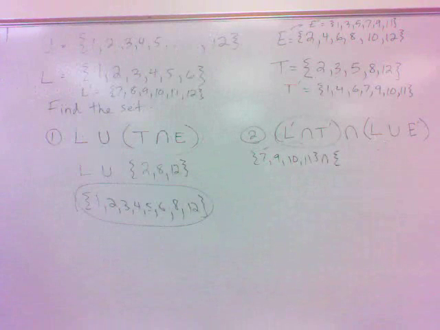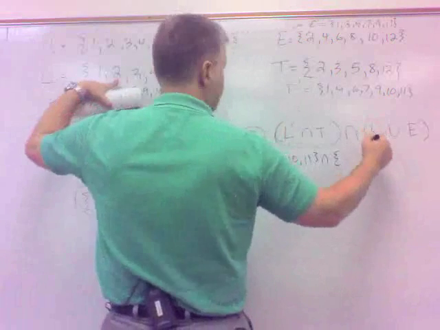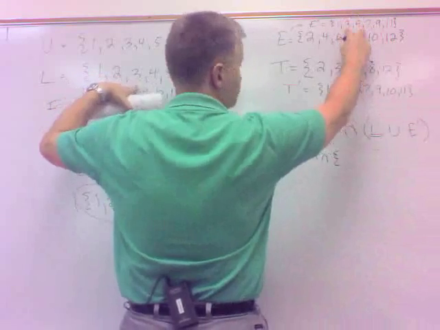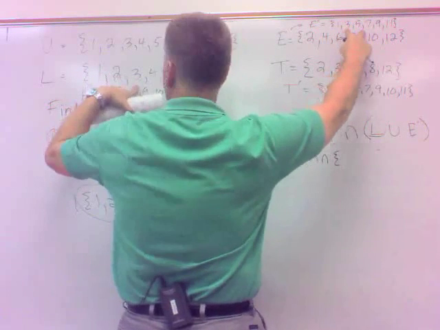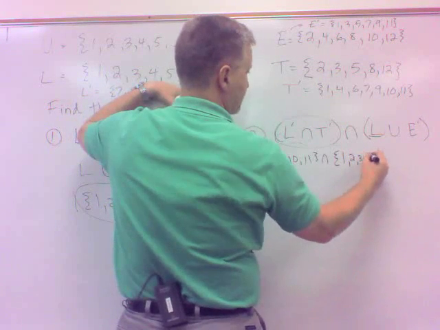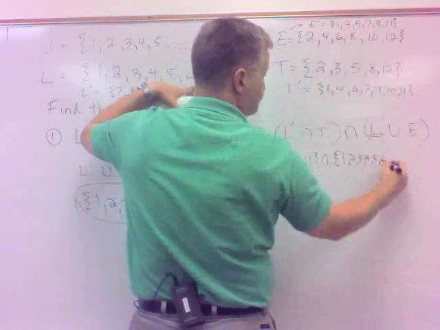L union E complement. What is that? What does union mean? Put them both together. So I take everything in L, which is here, combine it with everything in E complement, which is here. So I put these two sets totally together. So that's going to be 1 through 6. And what else? 7, 9, and 11.